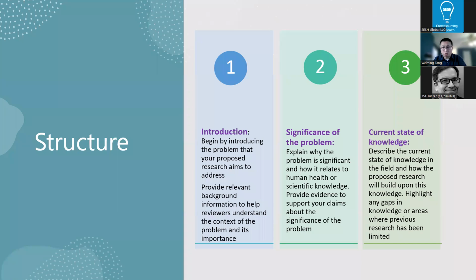And the third part, you need to mention the current stage of knowledge. You need to describe the current state of knowledge in the field and how the proposed research will build upon this knowledge, highlighting any gaps in knowledge or areas where previous research has been limited. Usually our research builds upon the previous knowledge; we are standing on the shoulders of giants.